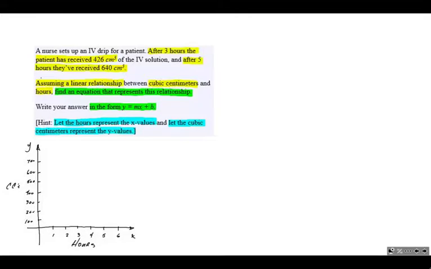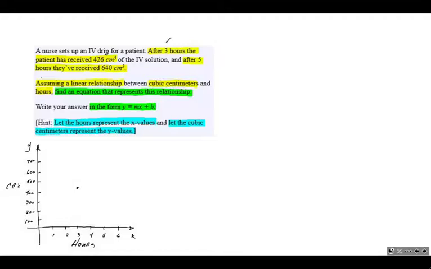And at this point, we're probably ready to plot our points. We only have 2 points to plot here for this problem. We've got 1 point after 3 hours, the patient has received 426 cc's. So we come over to 3 hours and we come up to 426, and we can plot a point maybe right about there.